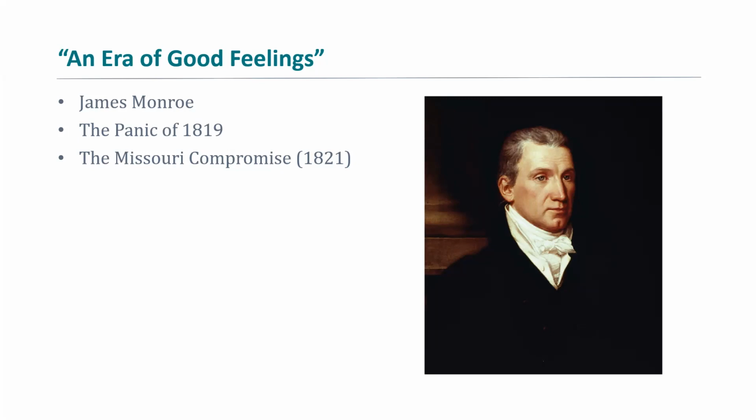We did have a panic that was a result of some cotton prices dropping and some issues with production. The Panic of 1819 can probably really be seen as the first depressive period in American economics.